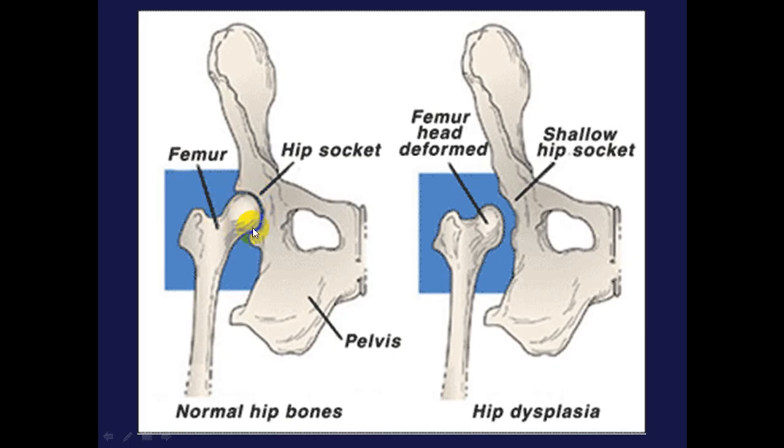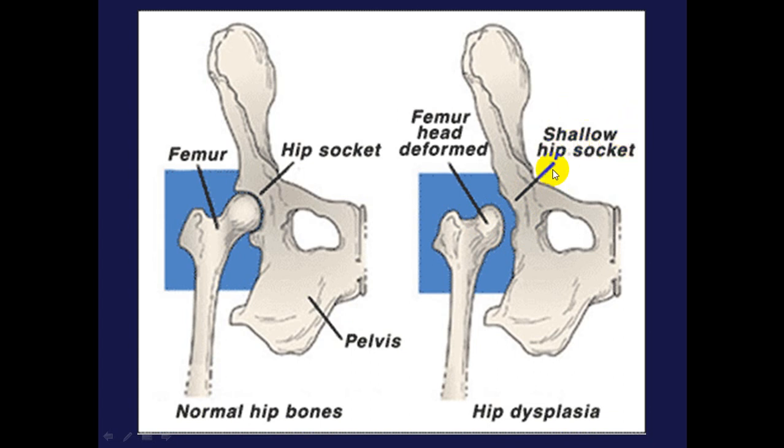This is the hip socket or acetabulum. In the case of hip dysplasia, the cap of the femur, the femoral head, will be misshapen. Misshapen means deformed, so it cannot fill the acetabulum well. In some cases of hip dysplasia, there is also a shallow hip socket.